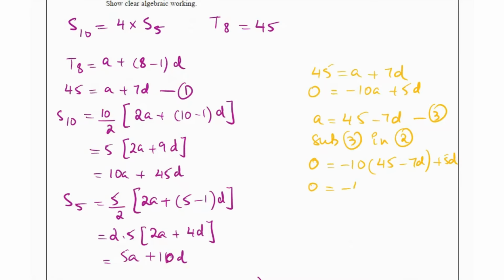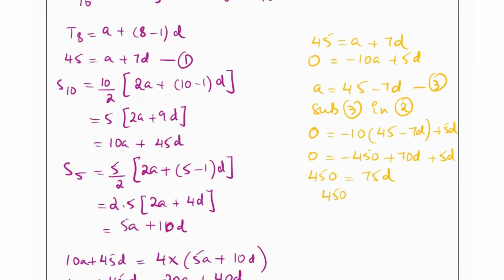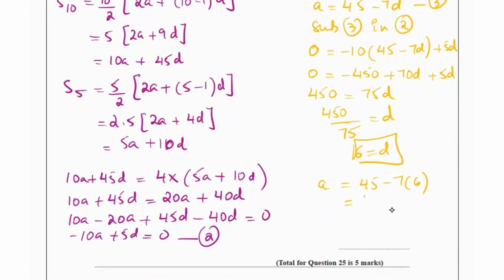So 0 equals negative 450 plus 70d plus 5d. 450 equals 75d. Divide 450 by 75, and that equals 6. So if the common difference is 6, a is going to be 45 minus 7 times 6. 45 minus 42, and your first term is 3. That is your final answer.